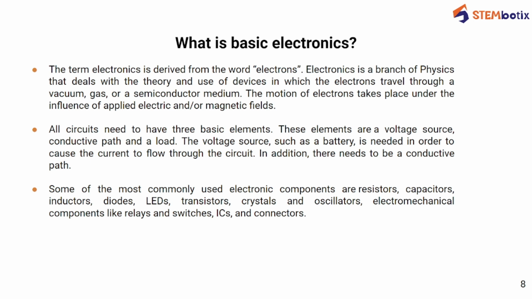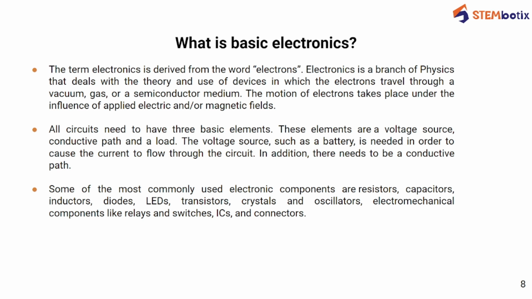First, let us start with the definition, or the concept clearance, of basic electronics. The term basic electronics is mainly formed by two individual words, which are basic and electronics. Now, electronics is derived from the word electrons.